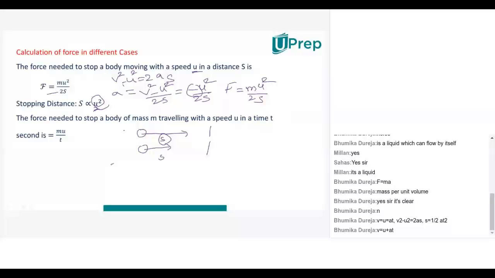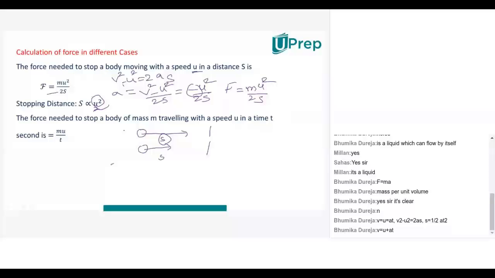So if the same force is applied on two objects having the same mass but different speeds, then the stopping distance will be proportional to u square. That point you have to remember. Sometimes you can directly use this equation and solve the problem easily.